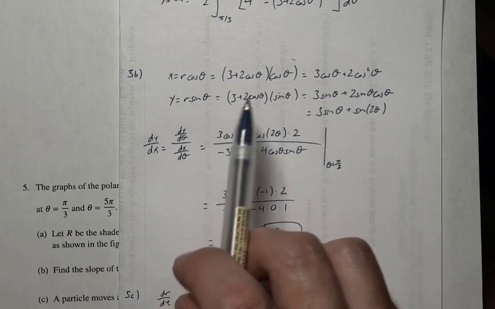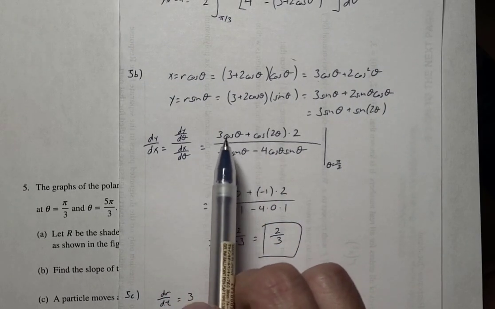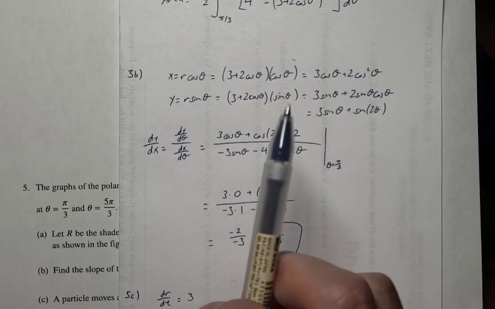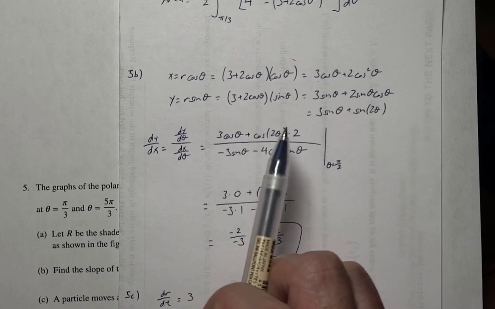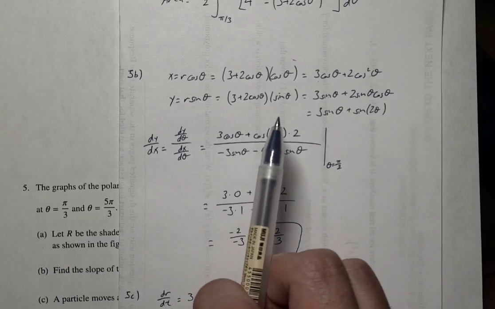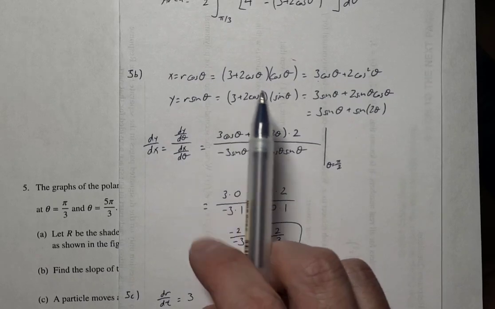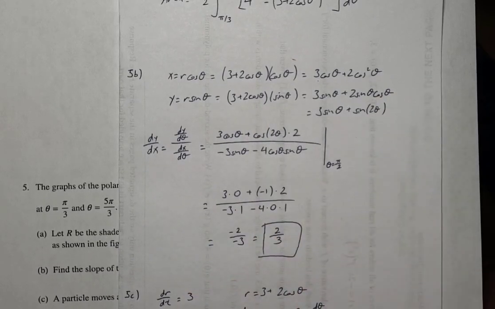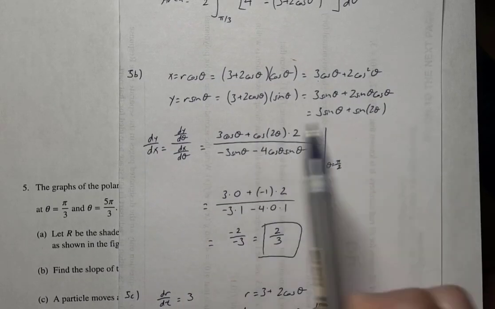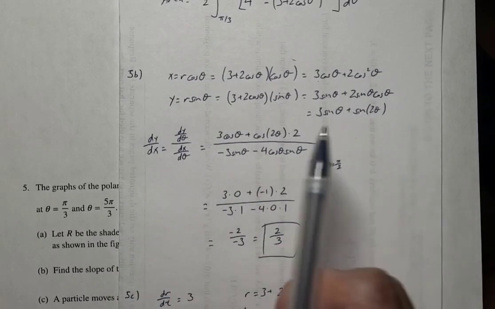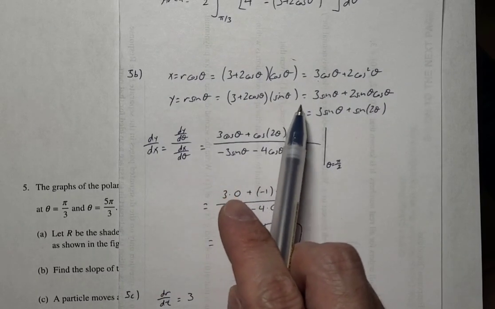I directly did dy d theta over dx d theta, so I'm not sure what they will allow. That's why I'm doing it live. This is honestly easier for me because I don't have the formula memorized. If you have it memorized, great, but this is how you derive the formula, actually. I just plugged in everything instead.